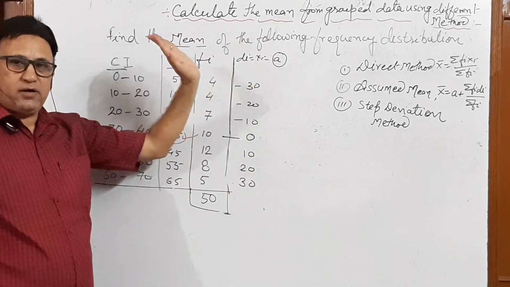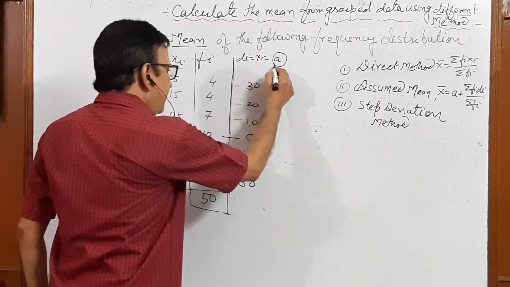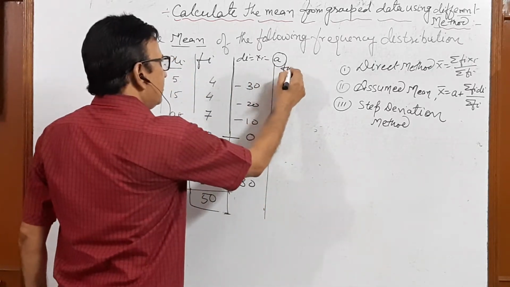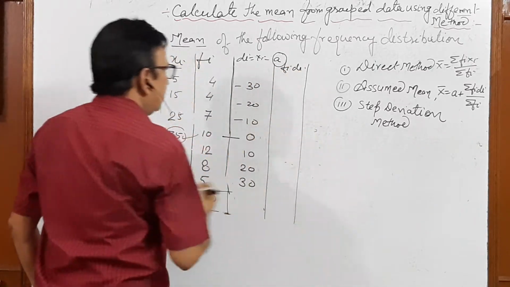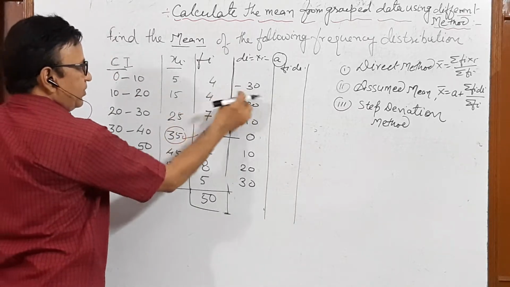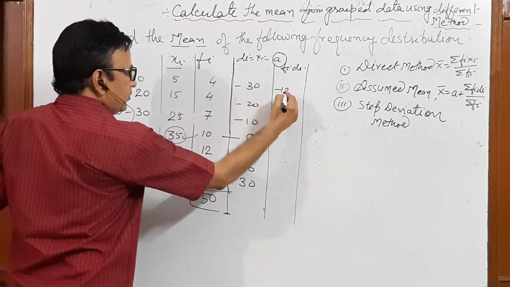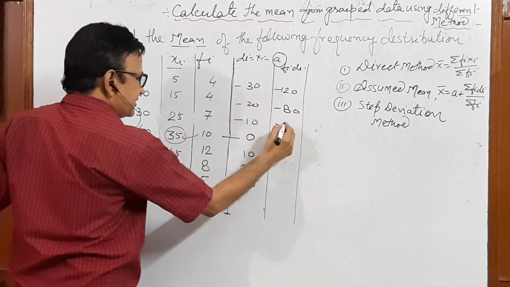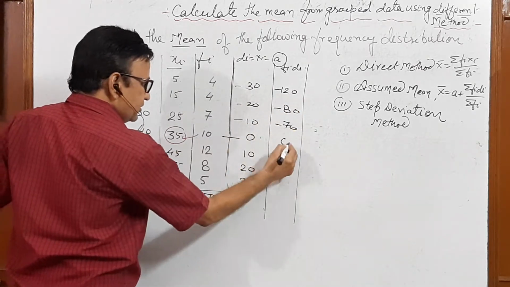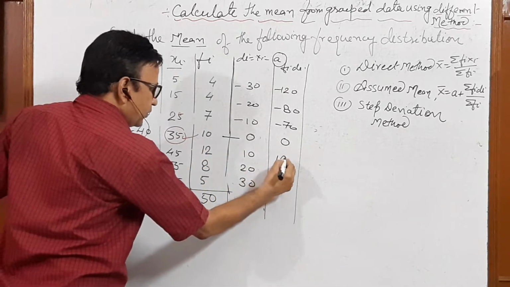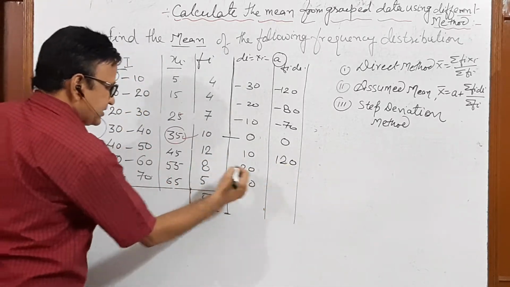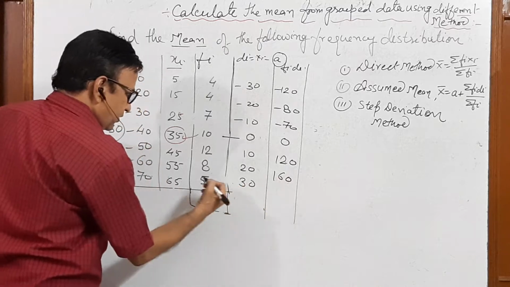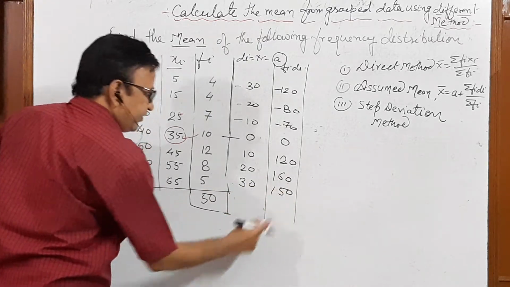No need for calculation here. You will definitely get it. Then Fi di, right? Just simply multiply here. Minus 120, minus 80, minus 70, and this is 0. Then 120, 80 is 160, this is 150.